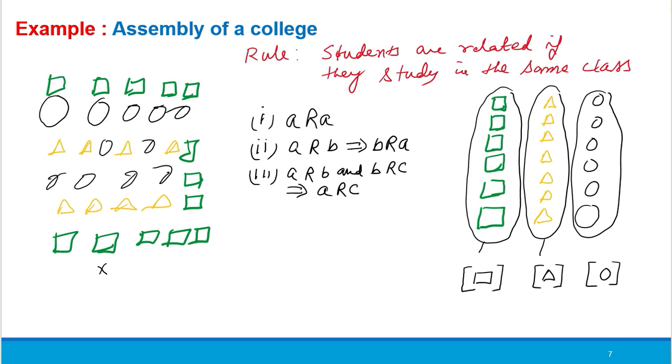Now you can very easily see that in this set all the elements of the same partition set are present. Now these types of sets are called equivalence classes.